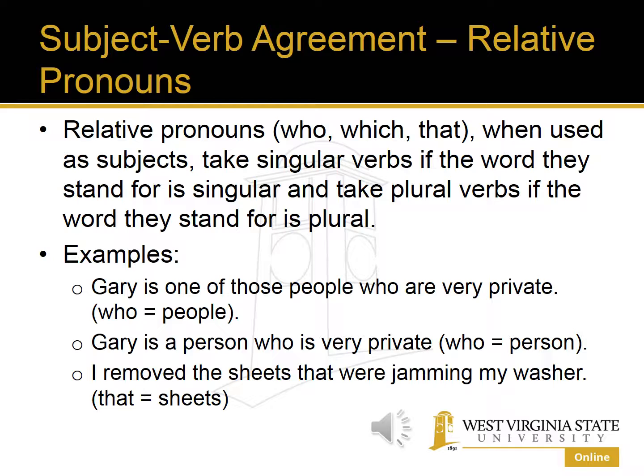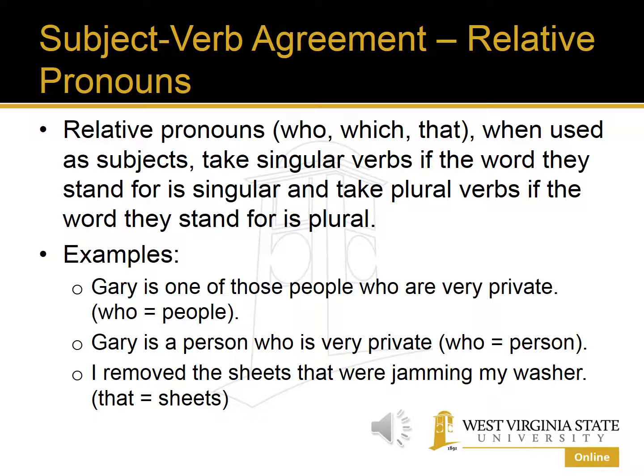In this sentence, who is pointing back to people, not to Gary. So people who are private. Therefore, people is plural, therefore we need to use the plural verb are. Gary is a person who is very private. Here, who is pointing back to person.